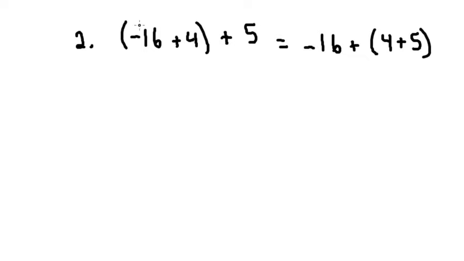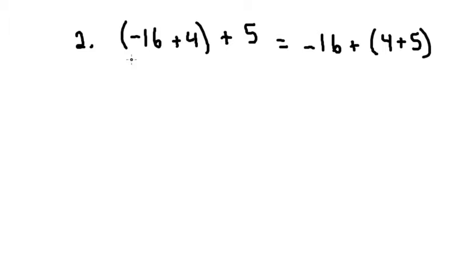Okay, so this problem, we have the parentheses around 2 numbers here, the -16 and the 4. Then we have a plus 5. These numbers over here are in the same order, but the parentheses is around the 4 and the 5 instead of the -16 and the 4.